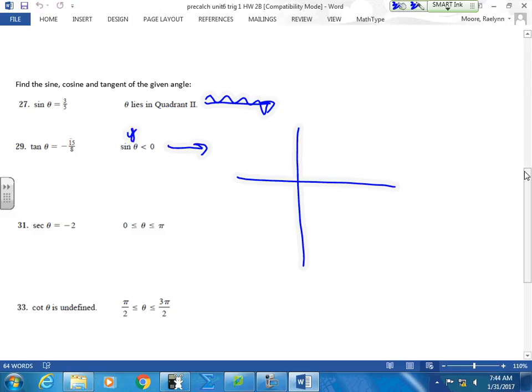What quadrant is sine negative if it's my y's? Below the x-axis, so 3 and 4. Of those two quadrants, where is tangent negative? 4. Because in 3, x and y are both negative, so a negative divided by a negative gives you a positive. So my angle has to be in quadrant 4.